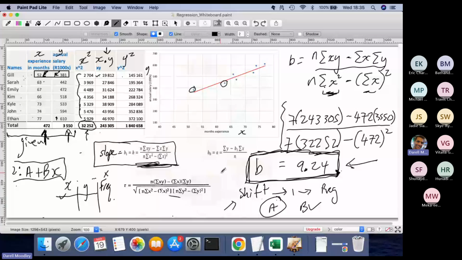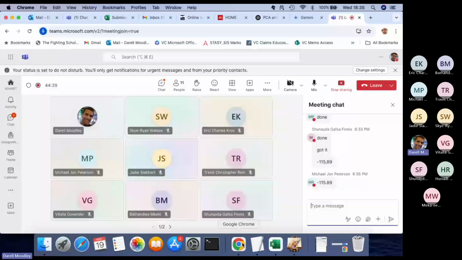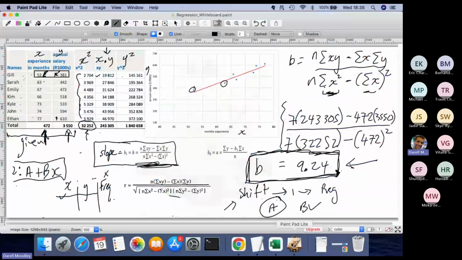Tell me what you get for the intercept. Pretty easy. You can round it to 2 decimal places. Very good. Excellent. Everyone following? So your intercept is minus 115.89.